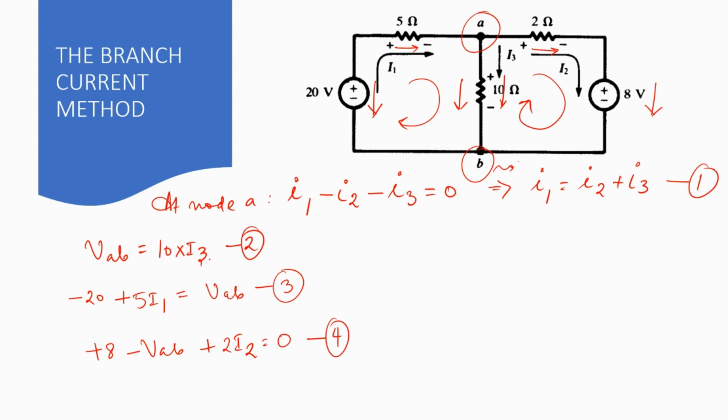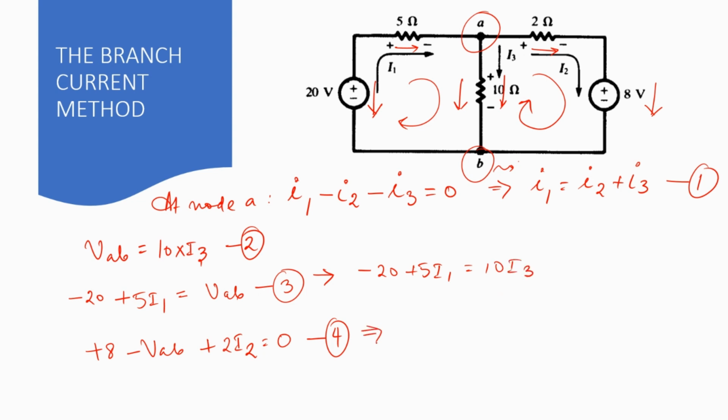Here we can replace the value of VAB in terms of I3 as 10I3. So rewriting this equation, I'll get minus 20 plus 5I1 is equal to 10I3.